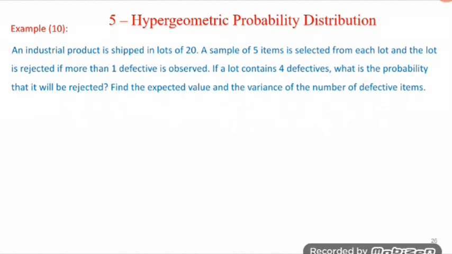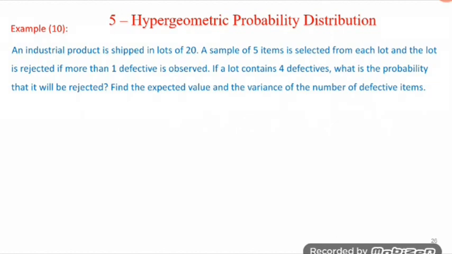So we have capital N equal 20 and small n equal 5 selected from each lot, and the lot is rejected if more than one defective is observed. If a lot contains 4 defectives, what is the probability that it will be rejected? Find the expected value and the variance of the number of defective items.